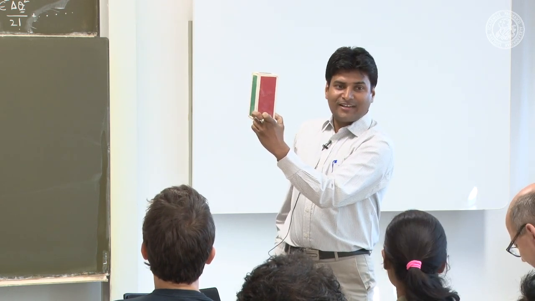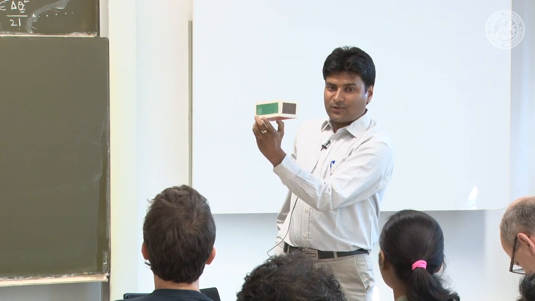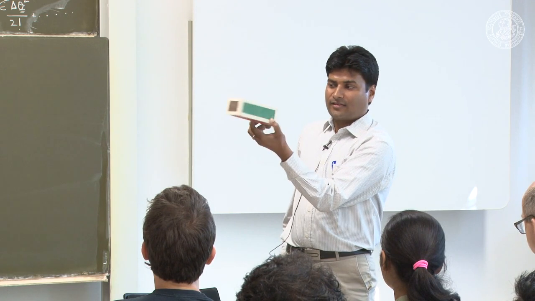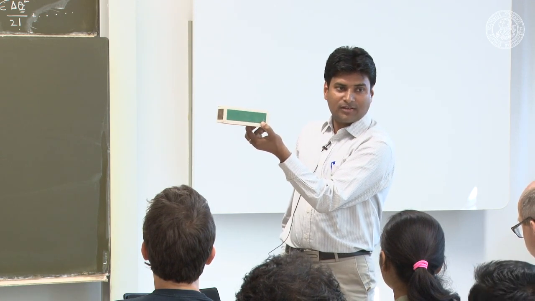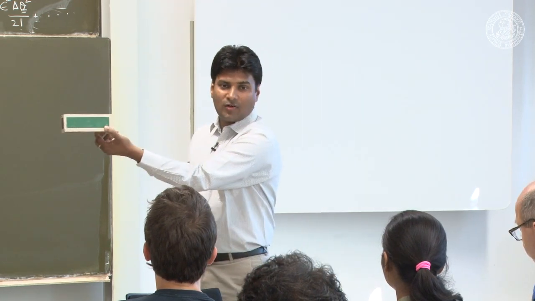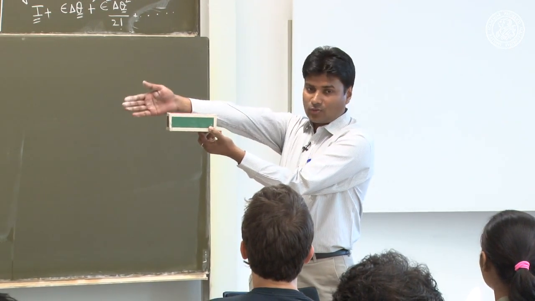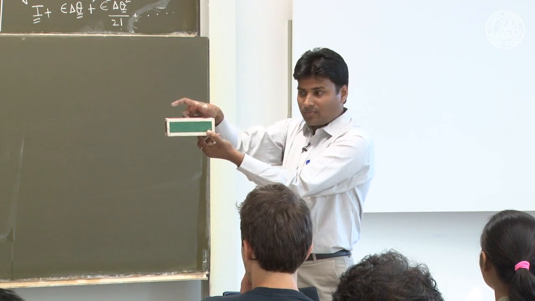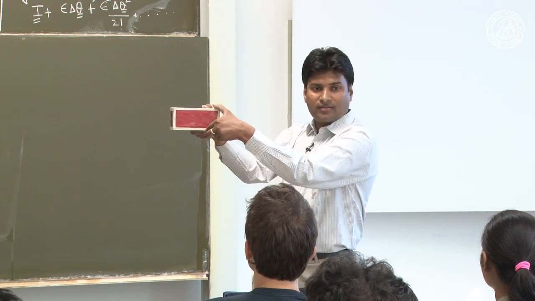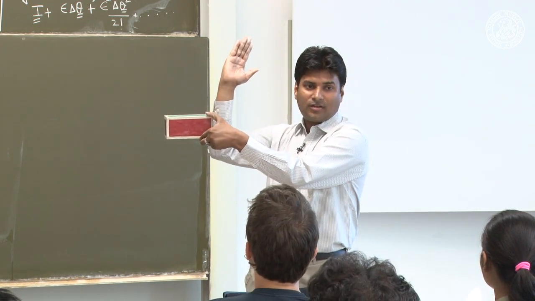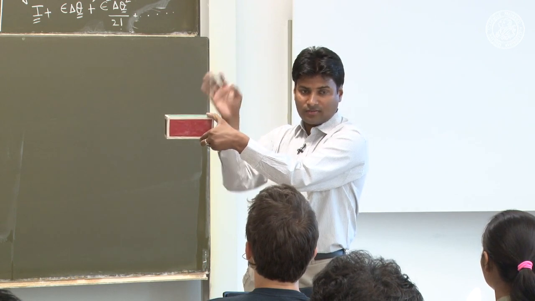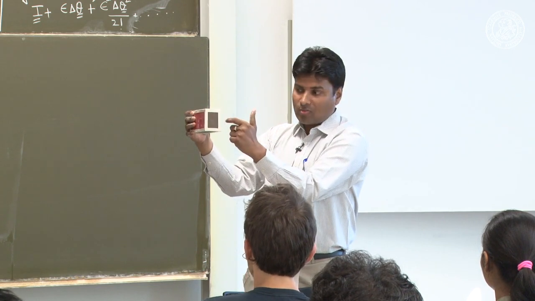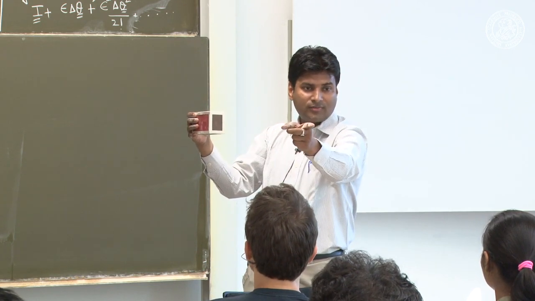Okay. So this is what you have, and that's what I had started with. Now I am going to first rotate about the horizontal axis by 90 degrees, then about the vertical axis. You see it's now pointing along your direction.